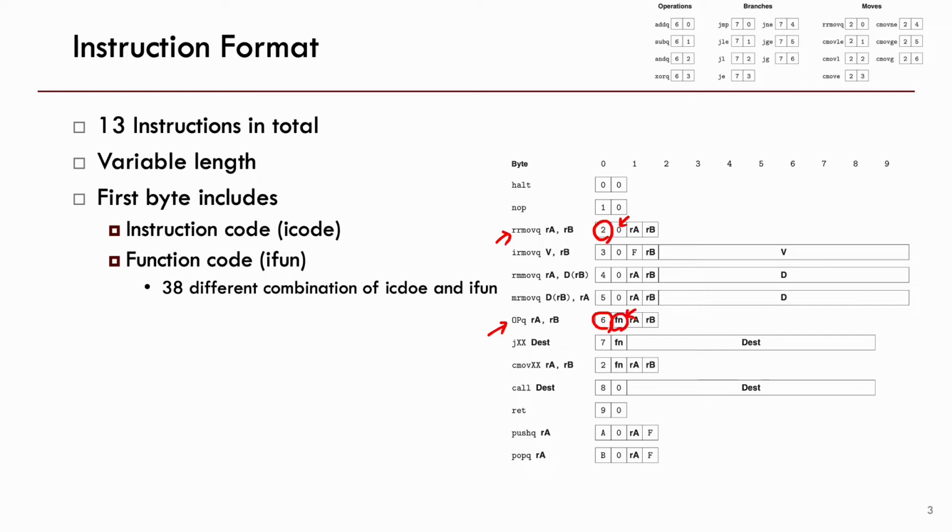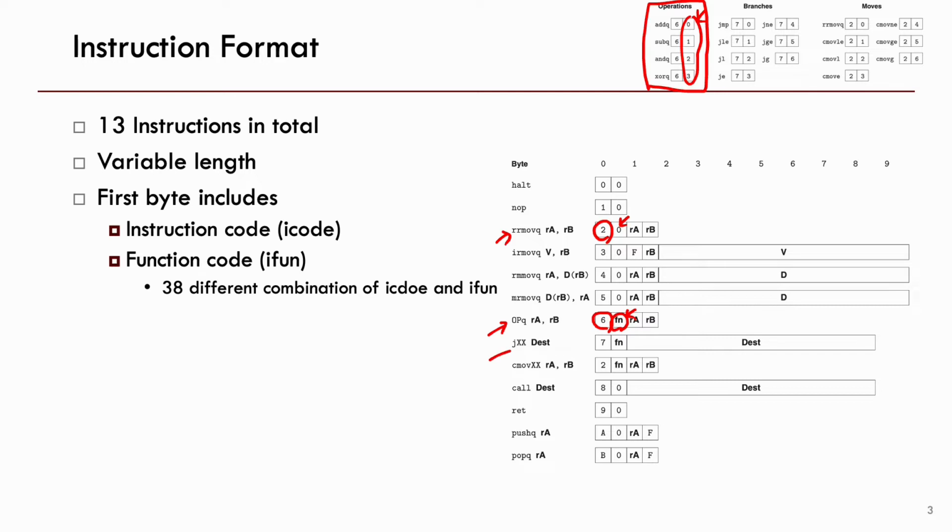So what are the function codes for OPq? You can find that in this table. There are 4 different function codes, 0, 1, 2 to 3. This function code identifies what this instruction will exactly do at runtime.